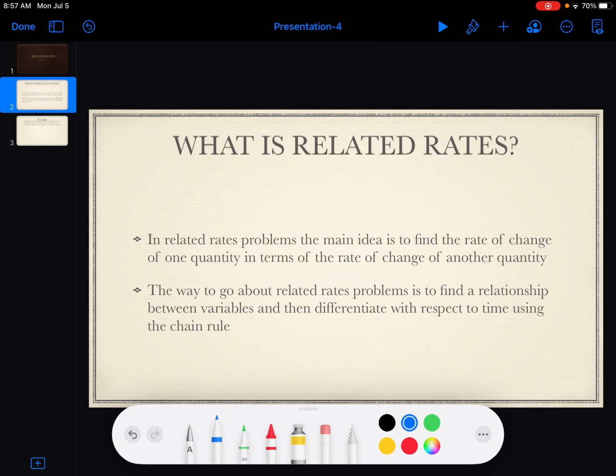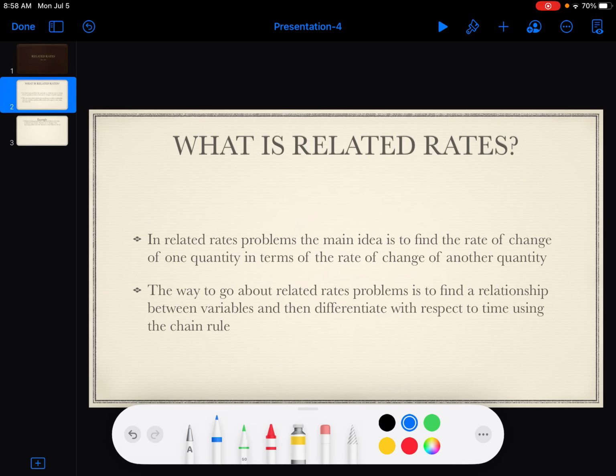Well, related rates is usually presented as a word problem. And the main idea of this word problem is to find the rate of change in one quantity in terms of the rate of change of another, more specifically.